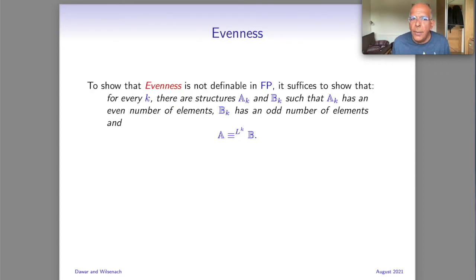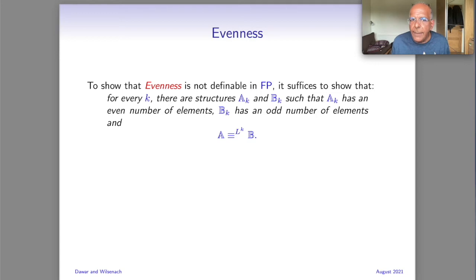So to show that evenness is not definable in fixed point logic, it suffices to show that for every K, there are structures AK and BK, one of them has an even number of elements, the other has an odd number of elements, and they are indistinguishable in LK. In other words, duplicator has a winning strategy for playing the K pebble game forever on this pair of structures, right?